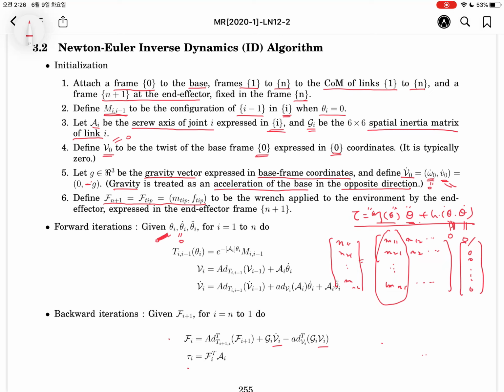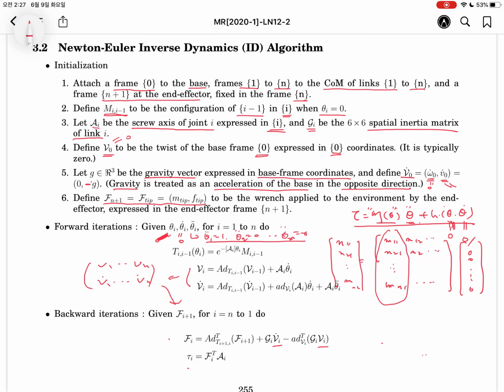Theta double dot: in order to obtain the first column vectors, theta 1 double dot will be 1, theta 2 double dot is 0, and so on, theta n double dot will be 0. Okay, this variable will be applied to here. Then we can determine v1 through vn, v1 dot through vn dot. This kinematic data will be applied to here.